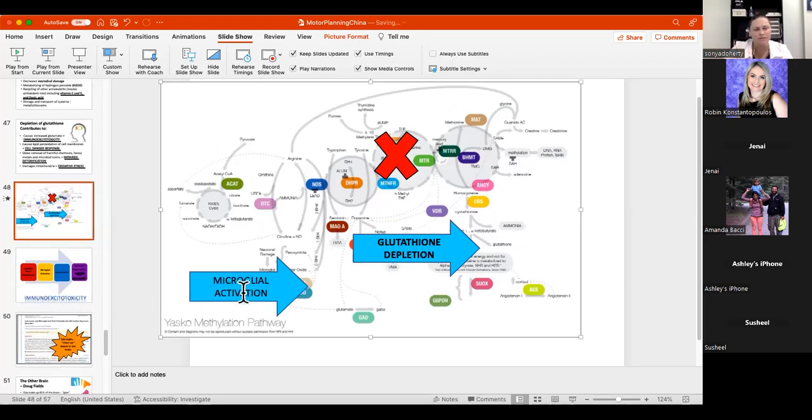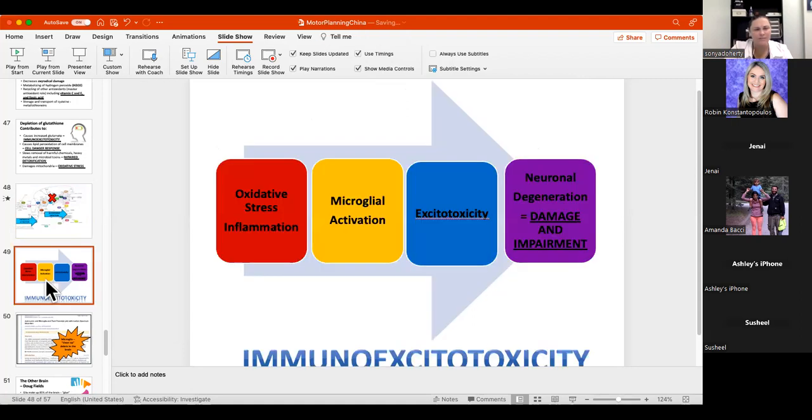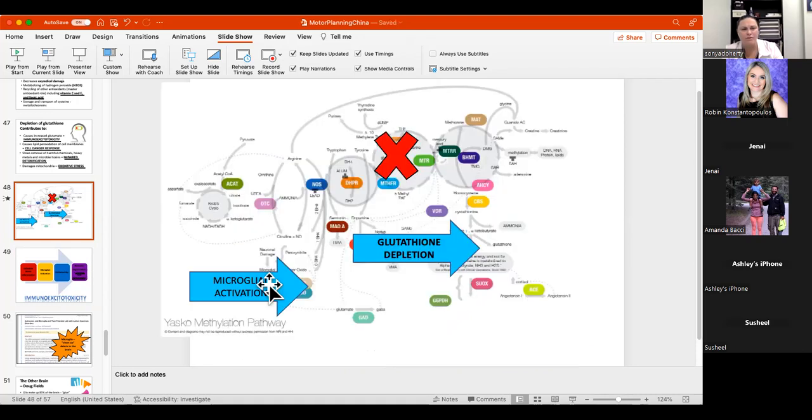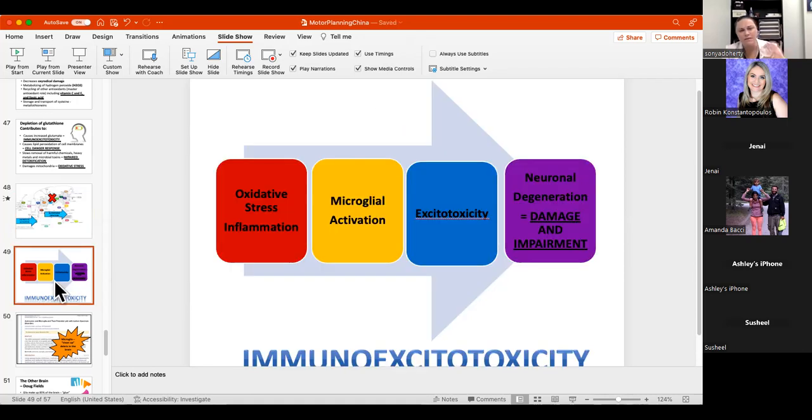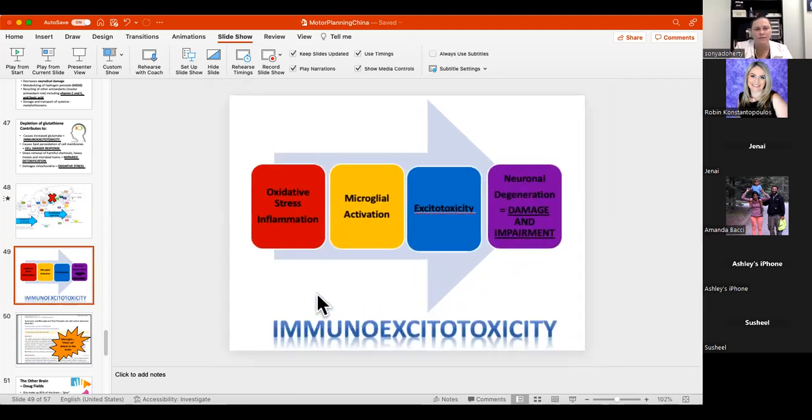When I talk about microglial activation, this goes back to the fact that the brain is 85% immune system. It's only 15% neurons. Microglial activation is when the immune system in the brain has gone haywire, basically. The immune system in the brain gets excited, it turns on, it starts pumping out glutamate, and the brain gets more and more stressed. When you talk to people with autism, again, they'll say, my mind never stops racing.